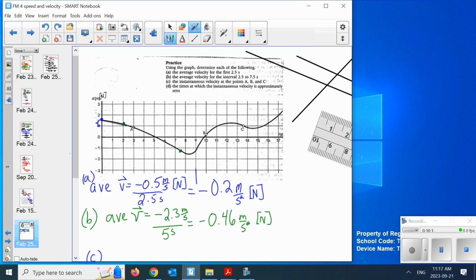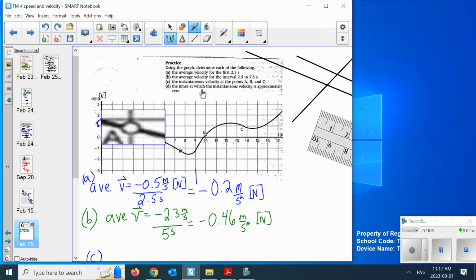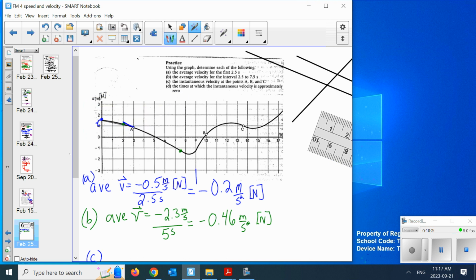Right at A, I just take a look at a little millimeter to the left, a little millimeter to the right of what it's doing, and extend that into a straight line. We call that a tangent.